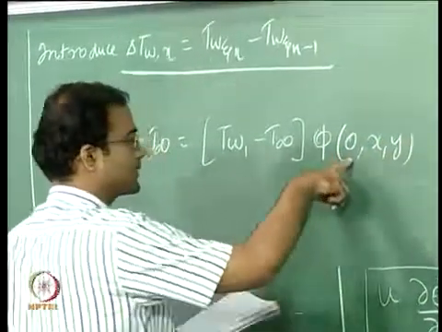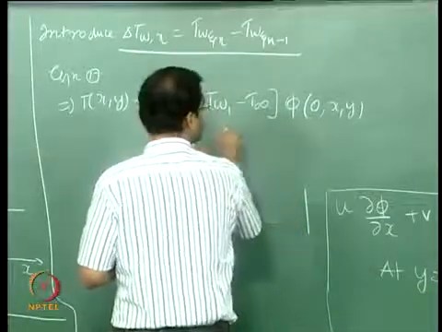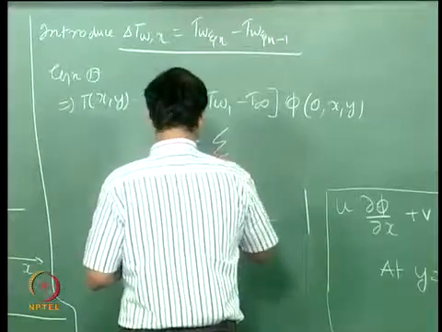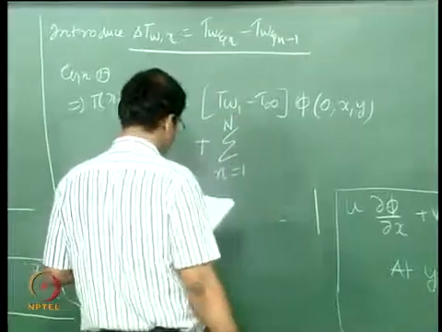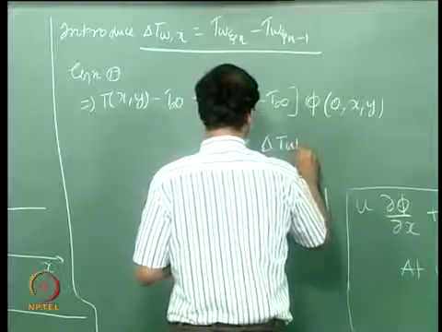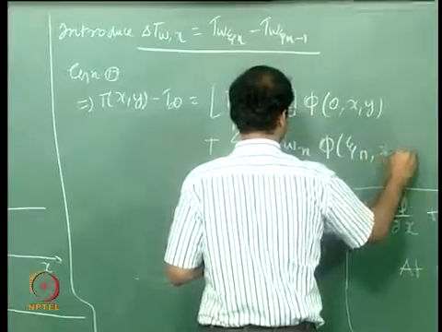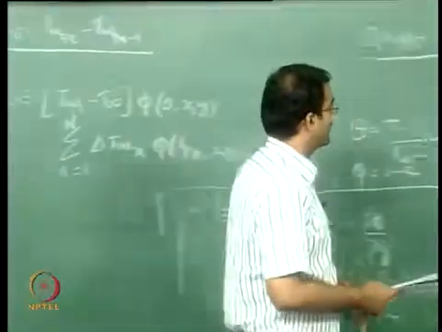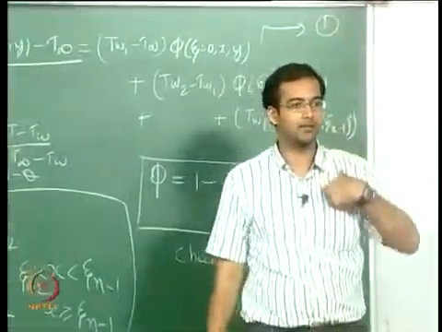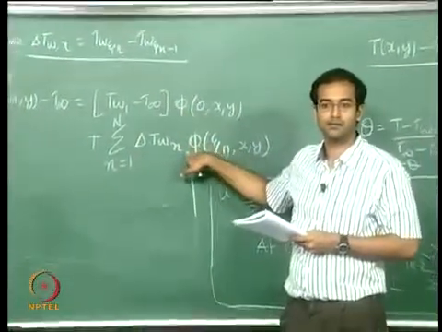So this first notation here corresponds to zeta equal to 0, plus I can write the rest as summation n equal to 1 to totally n, delta t wall n phi zeta n comma x comma y. So the rest of them I am just summing over those n number of discrete intervals. So that I can put under a big summation like this, is that right?